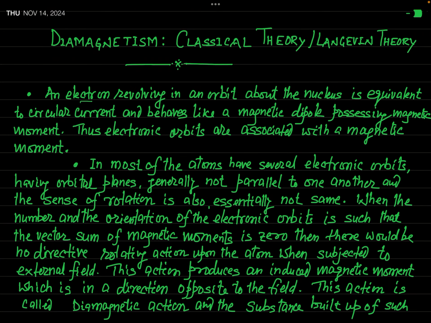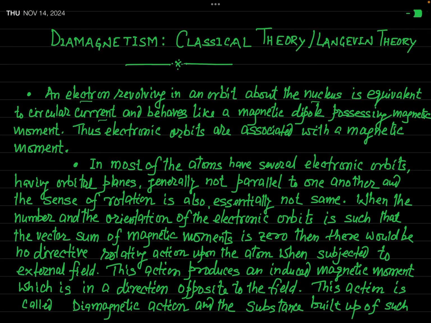So an electron revolving in an orbit about the nucleus is equivalent to a circular current, and a current loop behaves as a magnetic dipole. All these things we study in lower classes, in the magnetic field chapter of current electricity.